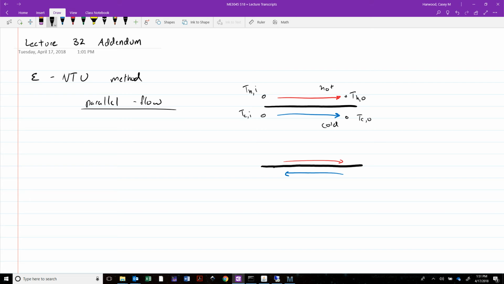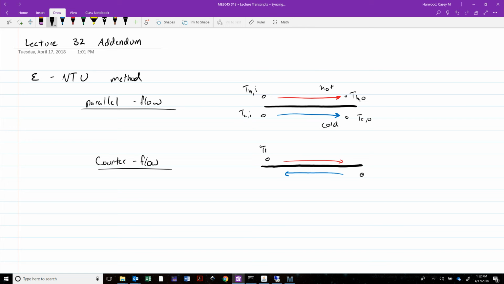All right. The next type is the counterflow heat exchanger, and this is a subtle variation, right? Same idea: hot fluid on one side of a solid surface, and a cold fluid on the other. Heat flow should occur from the hot fluid to the cold fluid, but for this arrangement, our inlets are located on opposite ends of our heat exchanger.